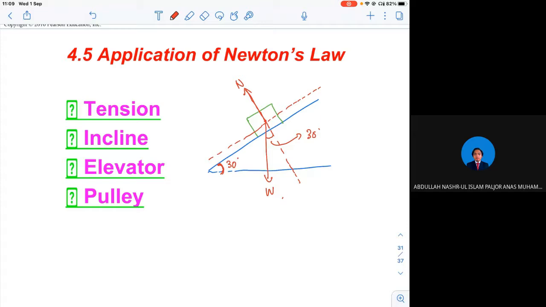30 degrees sits there. How do I know? I just expand this thing. If here is 30, then here will be 60, and here will be 90. Simple.